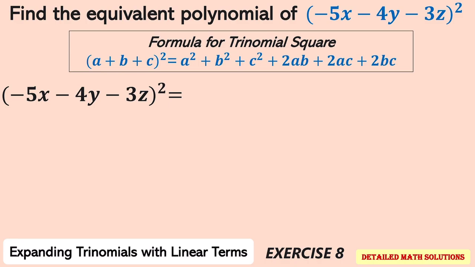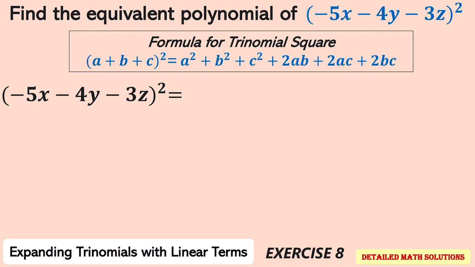To solve the next exercise, I'm going to use the formula for trinomial square. A plus b plus c in parentheses squared equals a squared plus b squared plus c squared plus 2ab plus 2ac plus 2bc.